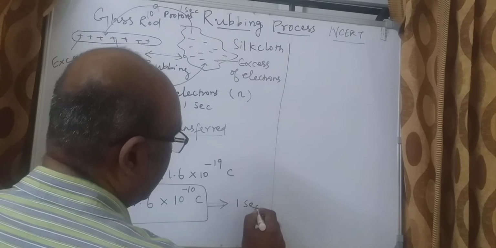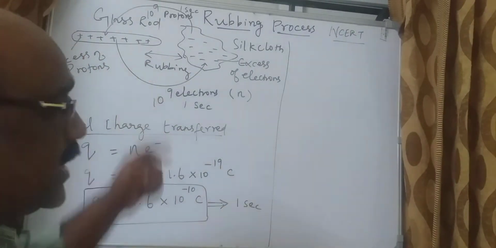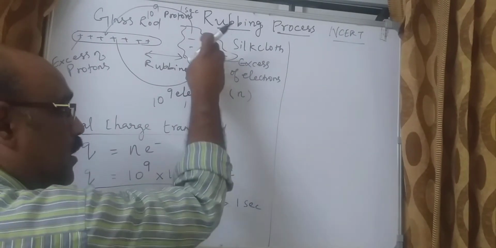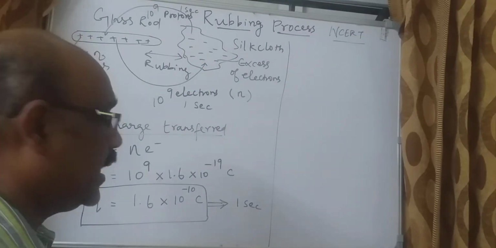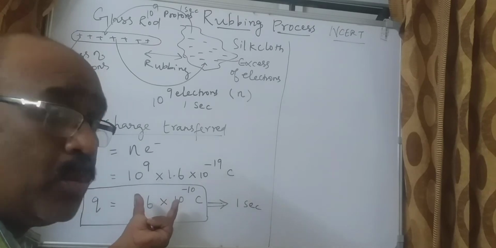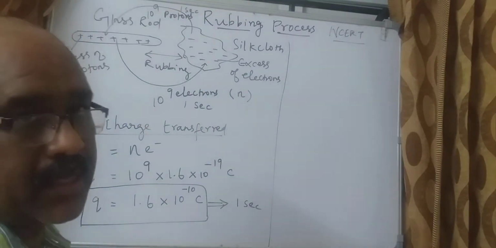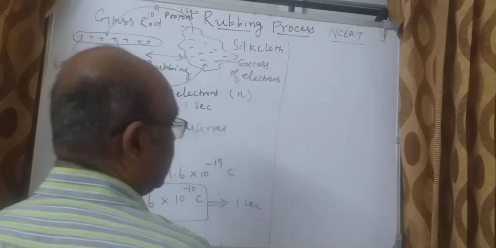So in 1 second, this much coulomb of charge gets transferred from the glass rod to the silk cloth, by means of which the silk cloth becomes negatively charged. So this much net charge of electrons is transferred. Let us now write like this.